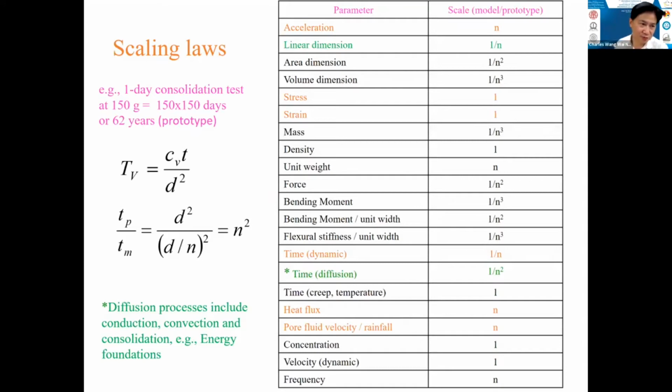And one of the typical and most useful ones, I would say, is consolidation, for example. The time factor here, prototype divided by model, is n squared. So that means if we carry out 1 day of consolidation at 150 g, which is the optimal capacity of our centrifuge, then it will be equivalent to about 62 years of consolidation time.